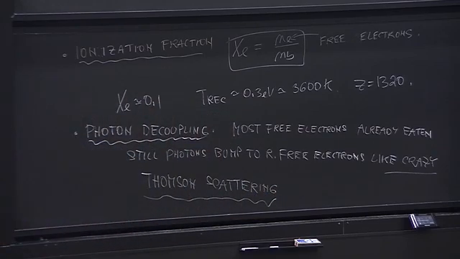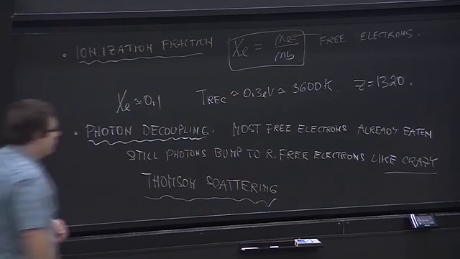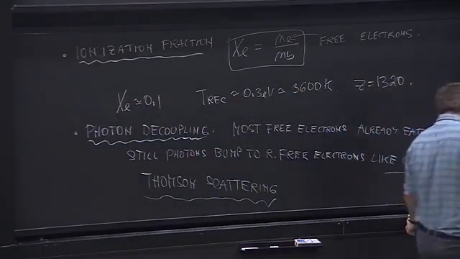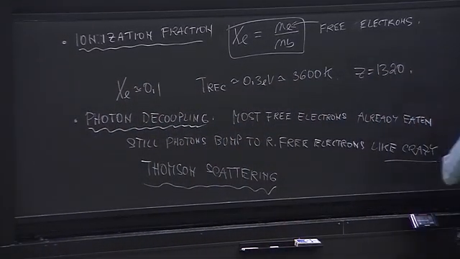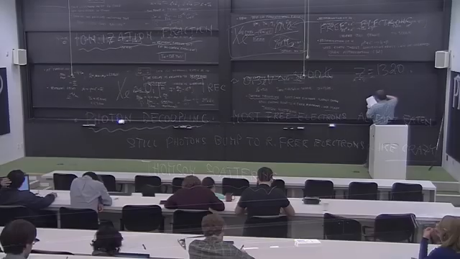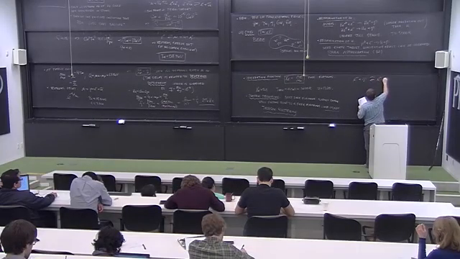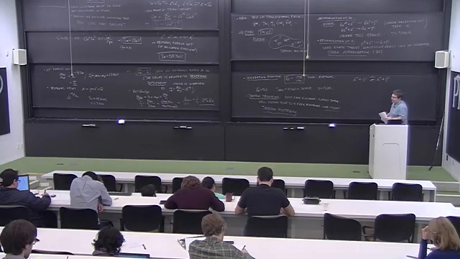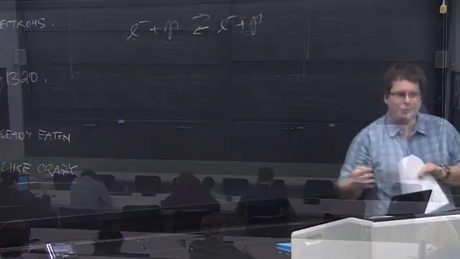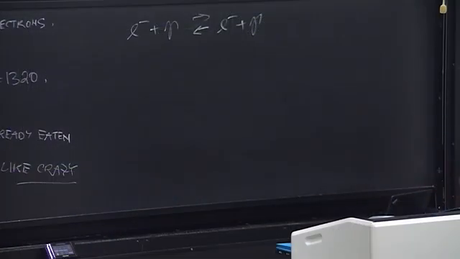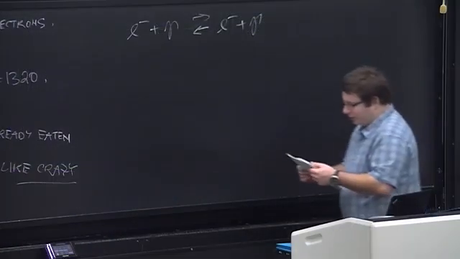Okay. So basically what happens is that you have an electron and a photon bumps into it and forms an electron and a photon. So basically the photon is absorbed for some time and then it's radiated away again, and so on.